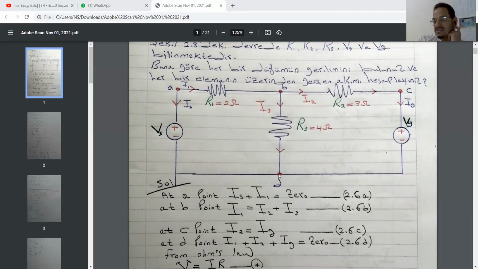Let's say this node D is the reference point. That means the potential at this point will equal 0, because our current movement will end at this point, where we don't have any potential difference. That means VD equals 0.